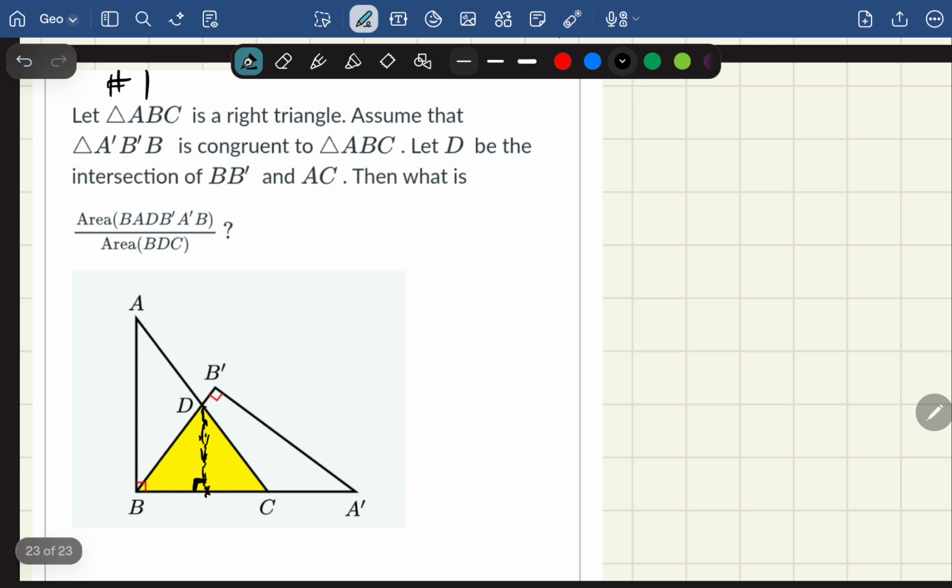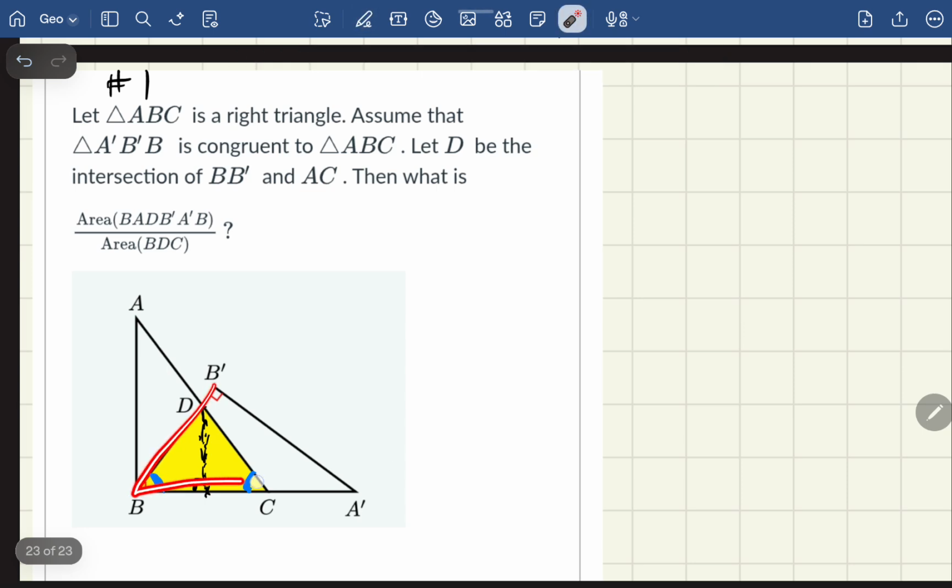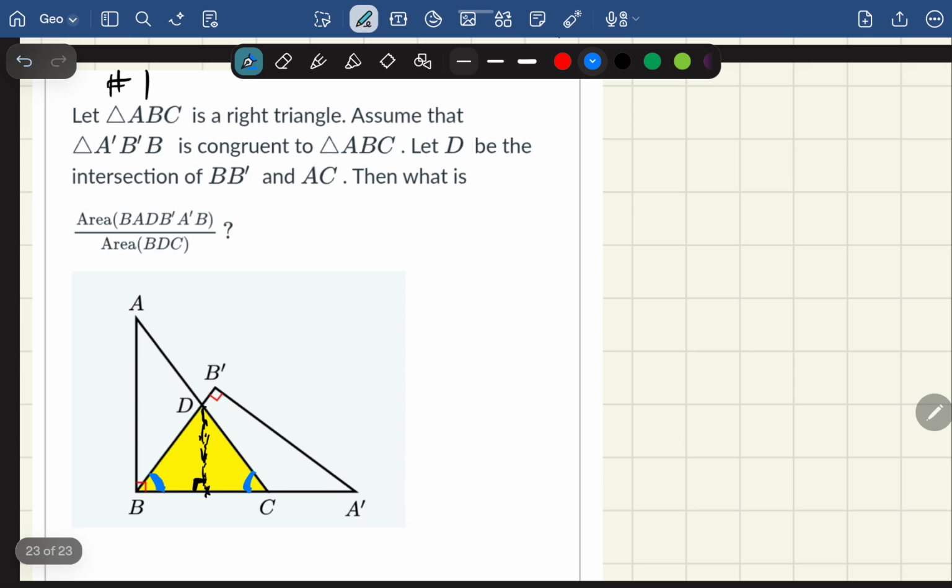Now, we know that BD is equal to DC because these two angles are congruent, because they're corresponding angles of congruent triangles. This angle is congruent to this angle, meaning these are congruent.